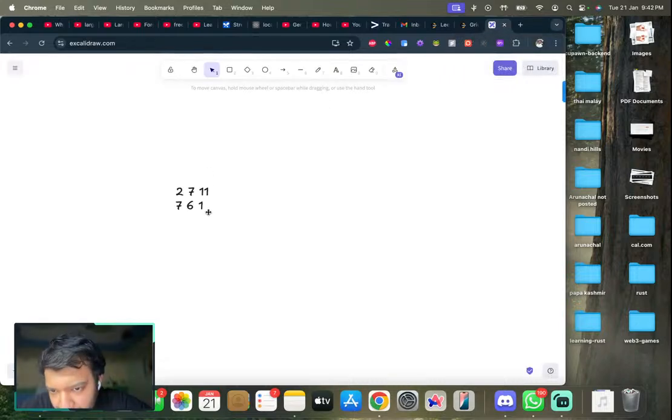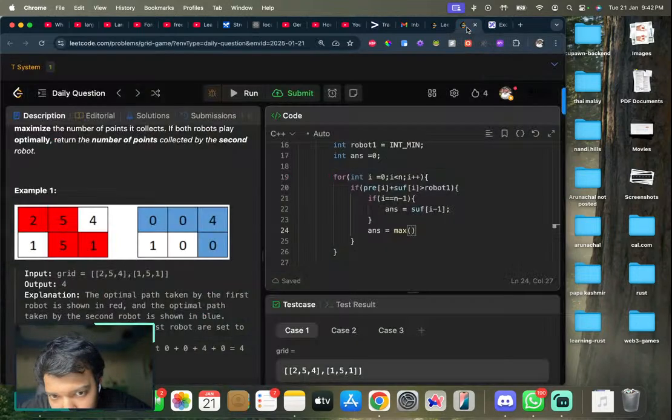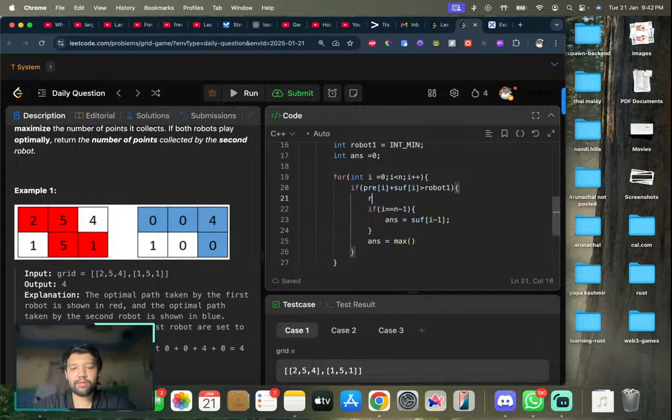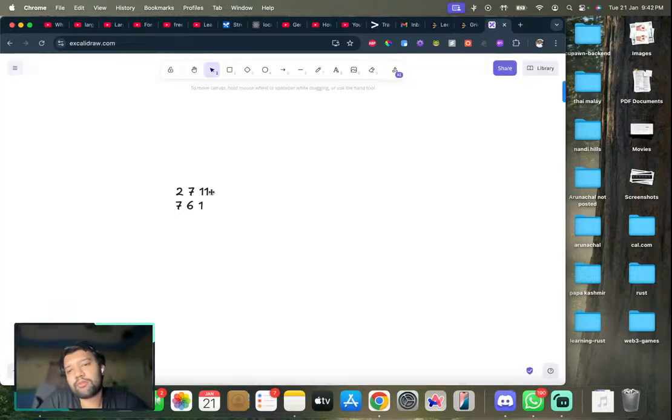Okay, i is here. First thing first, robot one will become this. So, see, i is here. If i is here, then this robot can go and have this path or this path for the maximum.